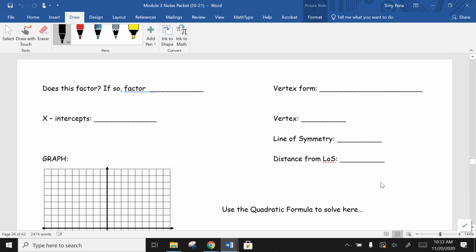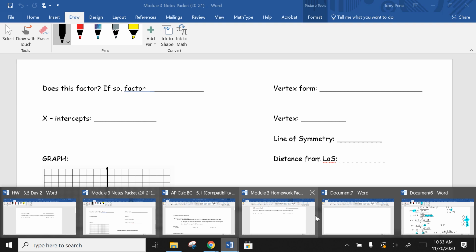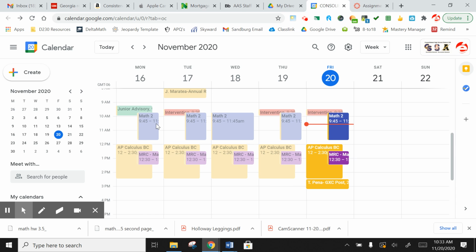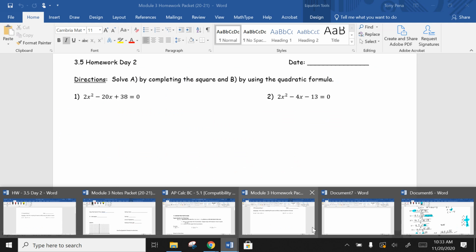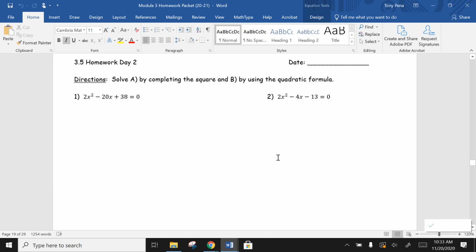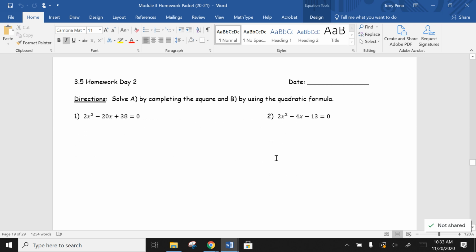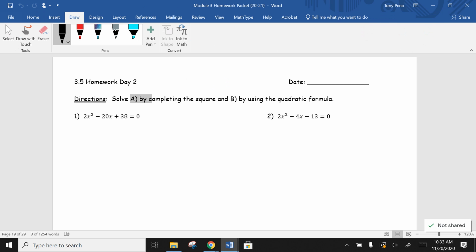I'm going to cut you loose a little early, give you a little gift for the weekend. You do have homework tonight, though, and it's just quadratic formulas again, so nothing necessarily new. Go to your homework packet, page 19. Don't worry about completing the square.